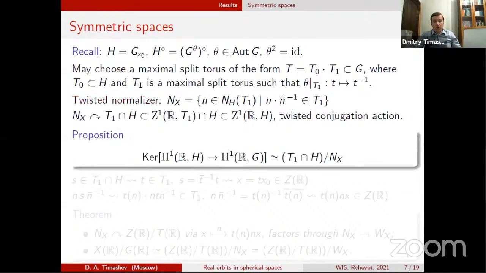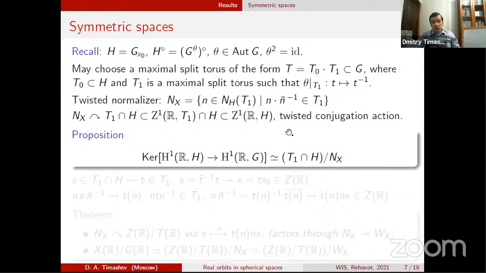And we prove, using some structure theory of symmetric spaces and the above general result about Galois homology, that actually the orbit set, which is identified with this kernel of Galois homology map, is naturally isomorphic to the orbit set of this T1 intersect with H by the twisted conjugation action of this twisted normalizer.